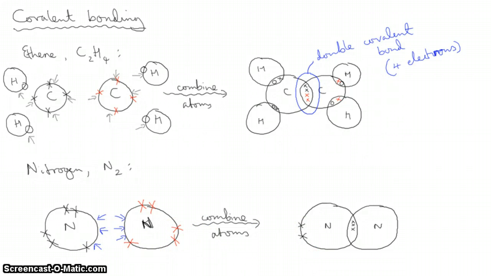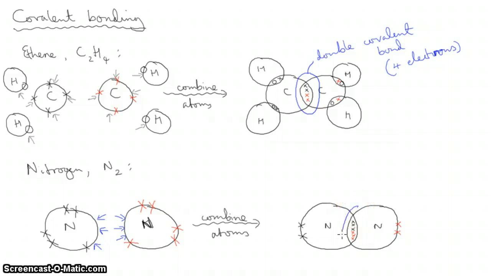So 3 from the left hand one have to be shared, and 3 from the right hand one have to be shared, which gives 8 in total for each nitrogen. So the 5 red crosses plus another 3 black ones give 8 for the right hand nitrogen. 5 black crosses plus 3 red crosses give 8 for the left hand nitrogen.